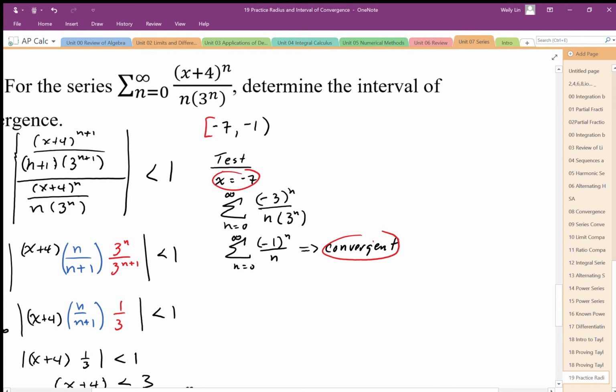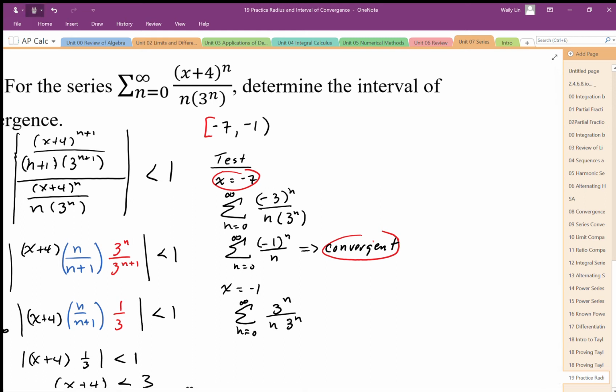Okay, so since that endpoint converges, I'm going to include that endpoint as part of my interval. Okay, then I go and test the other endpoint. x equals negative 1, plugging that in, n equals 0 to infinity. So I end up with negative 1 plus 4, which is 3 to the power n over n times 3 to the power n.